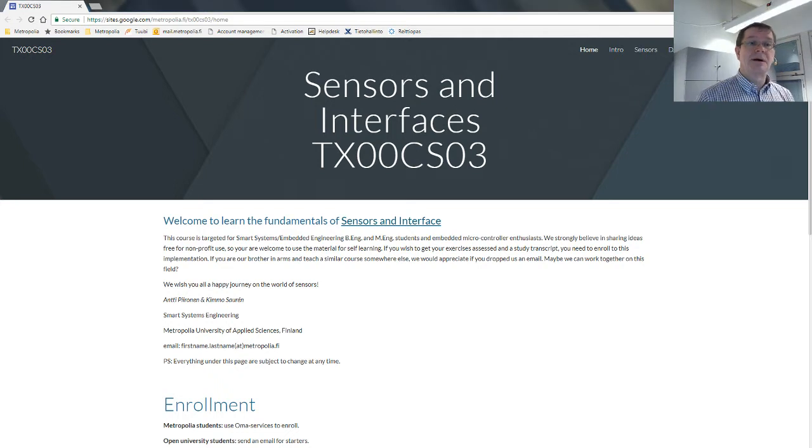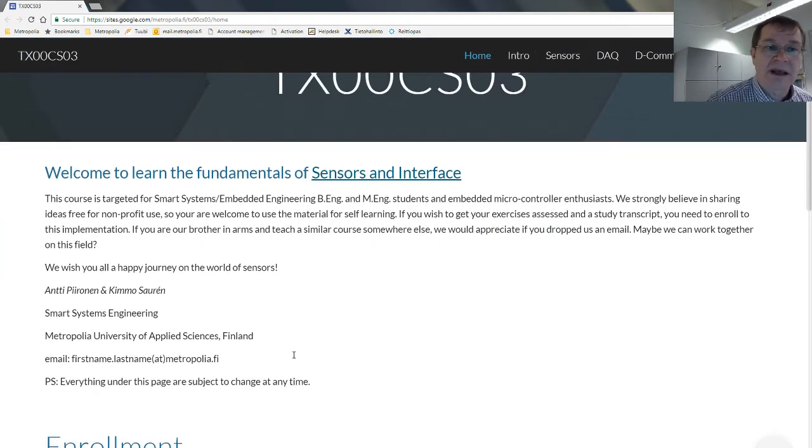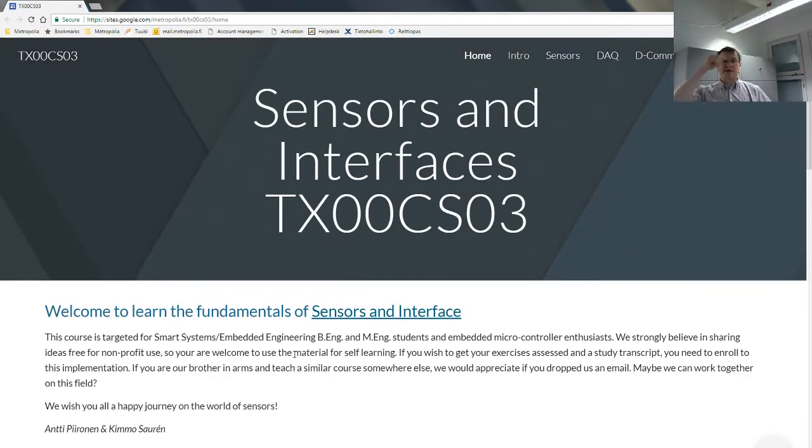This is the sensors and interfaces course. As I said, I will be changing this web page accordingly to that plan sometime this week, not today.